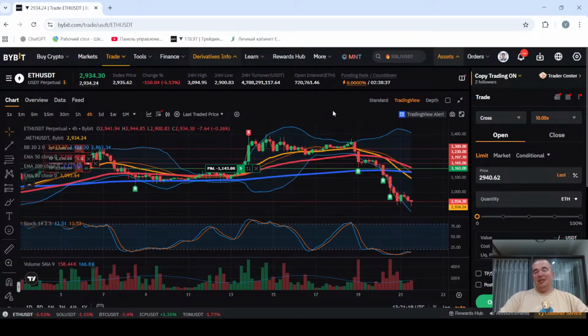Okay, so let's move to Solana. Solana is my favorite to trade, and usually it's more volatile. For example, if Bitcoin is doing 1%, Solana is doing 2-3% of movement, and usually I'm trading here on Solana.